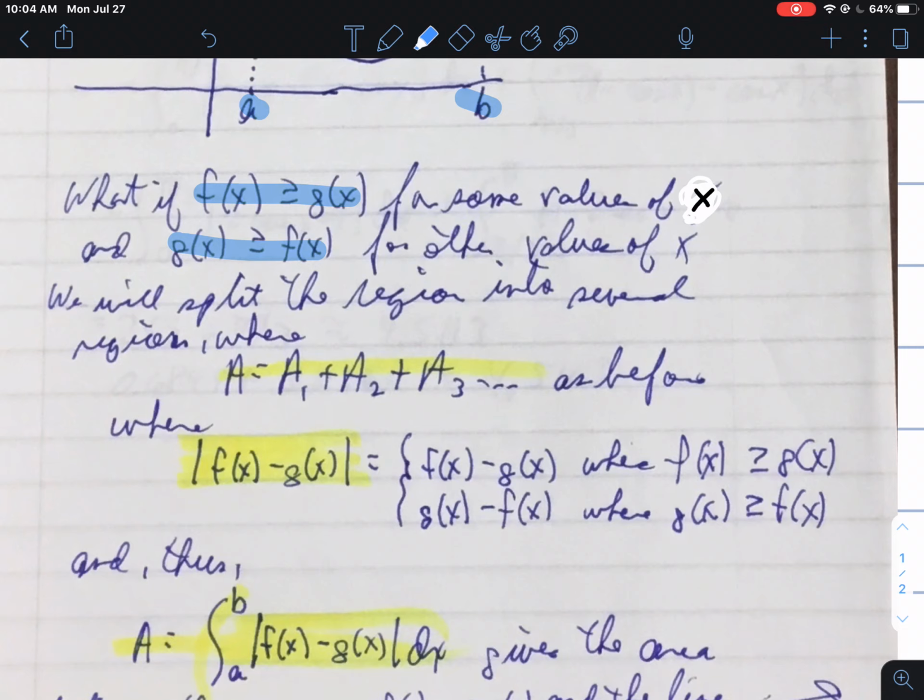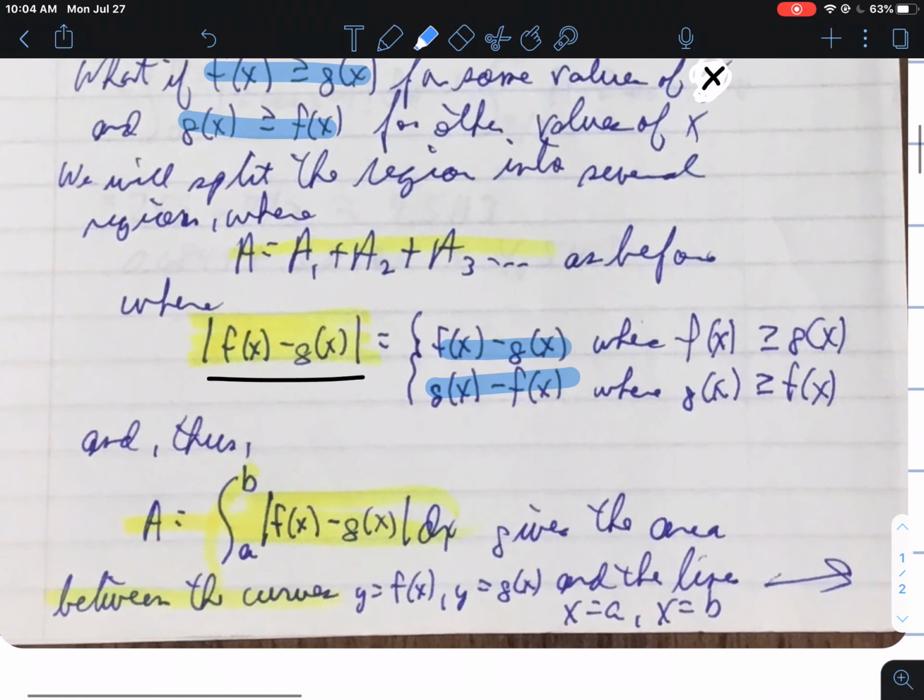So the absolute value of f of x minus g of x would mean f of x minus g of x if f is greater than g, and g minus f if g is greater than f, right? Our bottom line, like we said, is always the upper function minus the lower function, or the top function minus the bottom function.